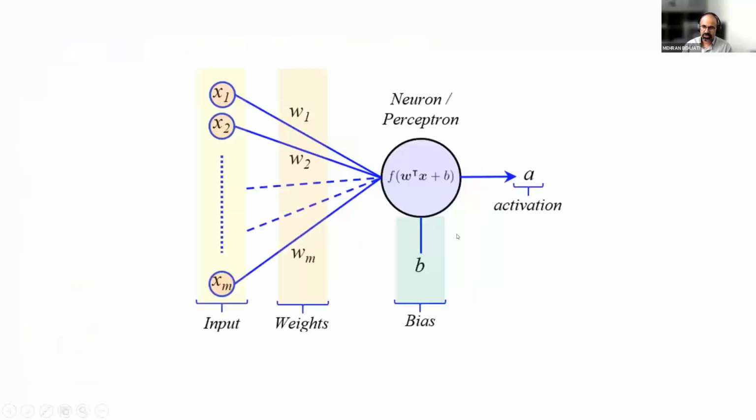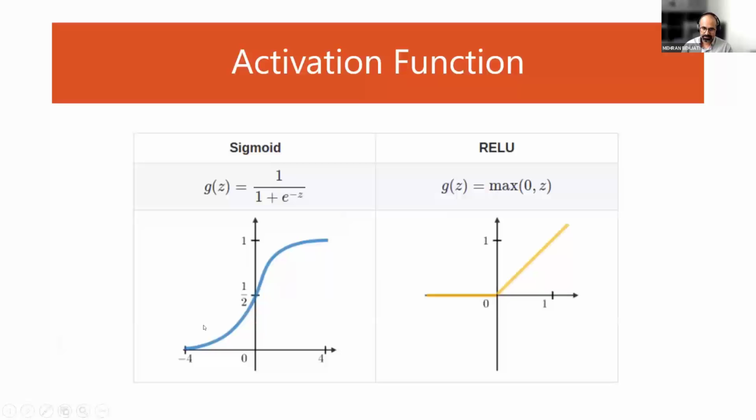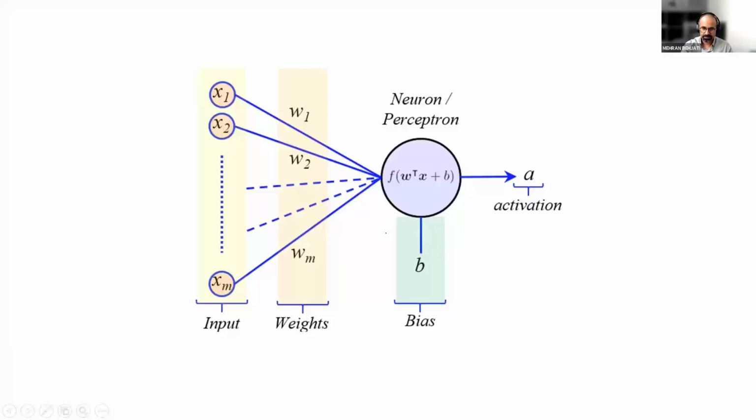Assume, for example, that this is the error and this is the number of iterations. The error dramatically starts to decrease, and after that we don't see any improvement in our error function.